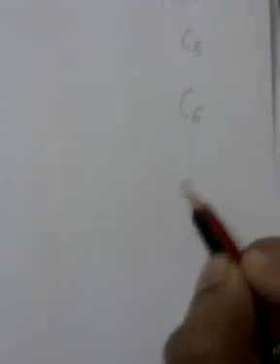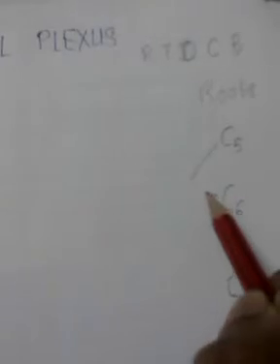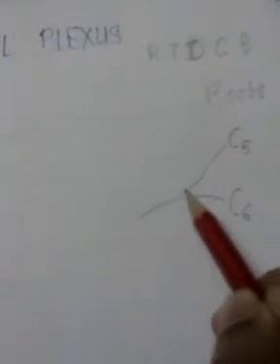So we'll write here C5, C6, C7, C8 and T1, and C5 and C6 join together and form the upper trunk.